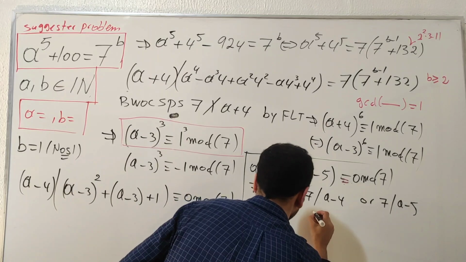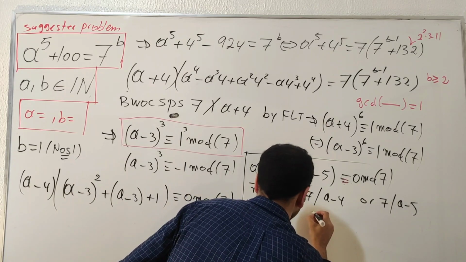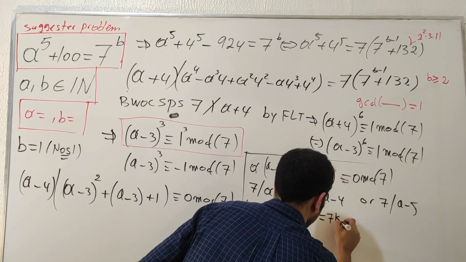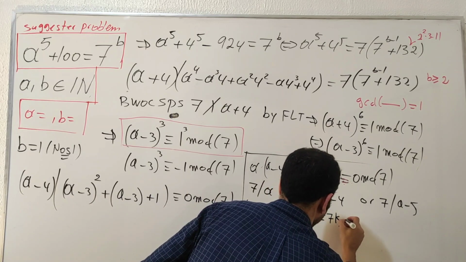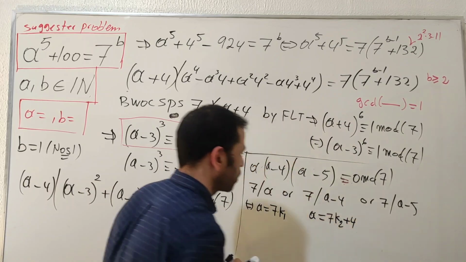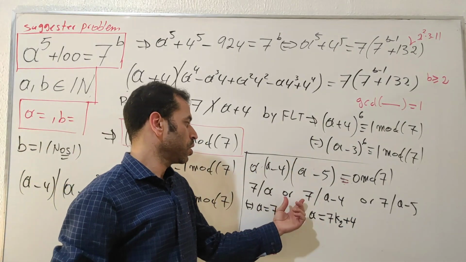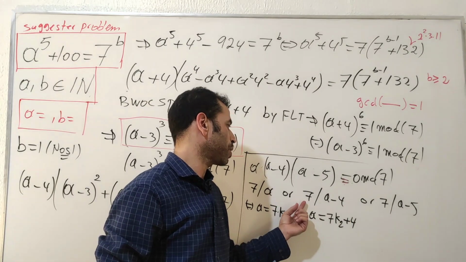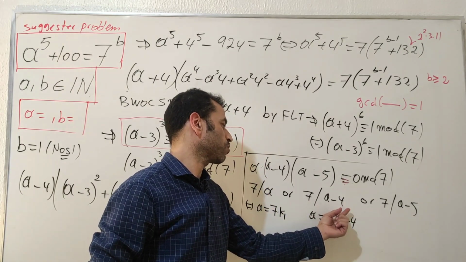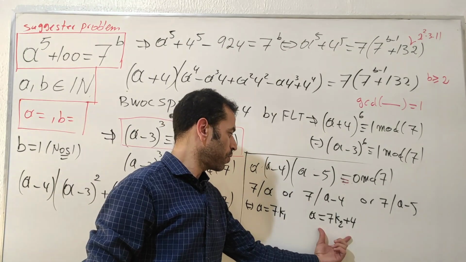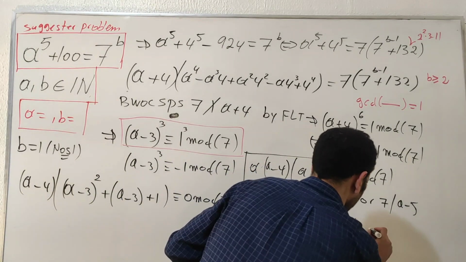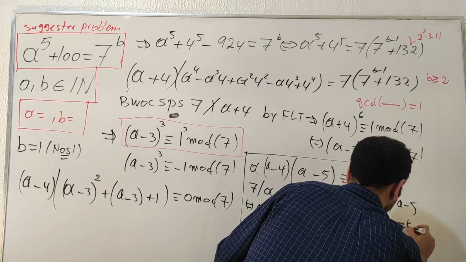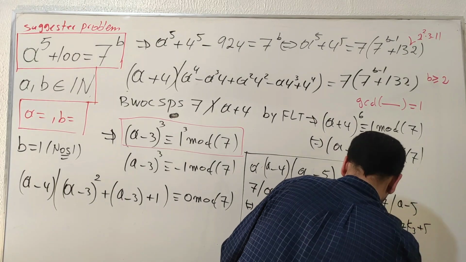Also this one is equivalent to a equals 7 multiplied by k2 plus the remainder 4. How come? Because 7 divides a minus 4, which means a minus 4 equals k2 multiplied by 7. By moving this minus 4 to the other side, I will be left with this one. Also with the last one, I get a equals 7k3 plus number 5.